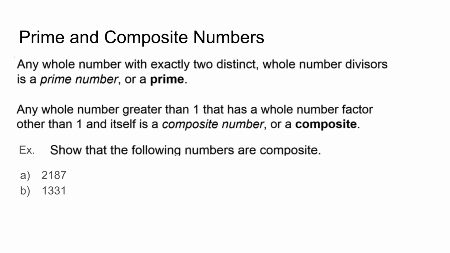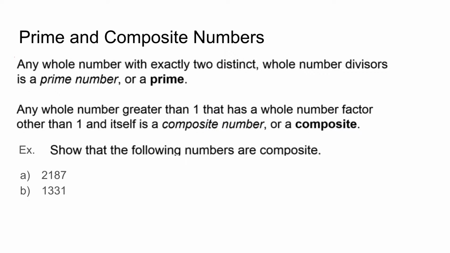There are more than 2 distinct factors to make 4. So we call the number 4 a composite number. Any whole number greater than 1 that has a whole number factor other than 1 and itself is called a composite number. So when you have more than 2 factors, it is a composite number, just like 4.